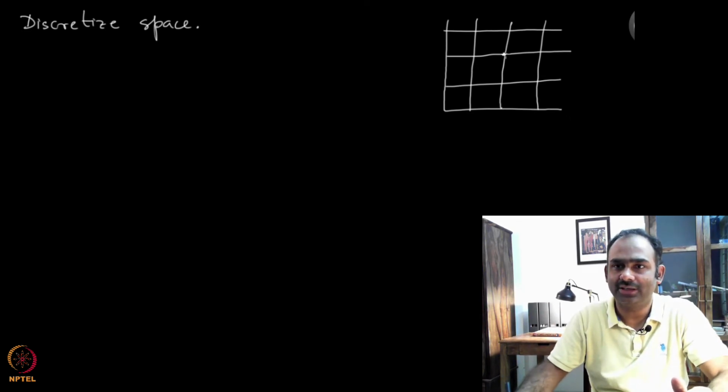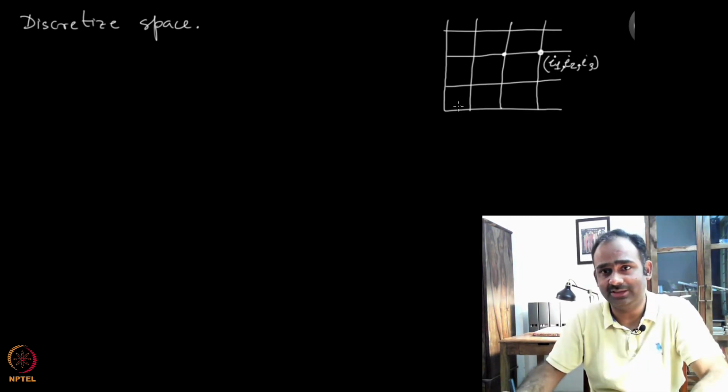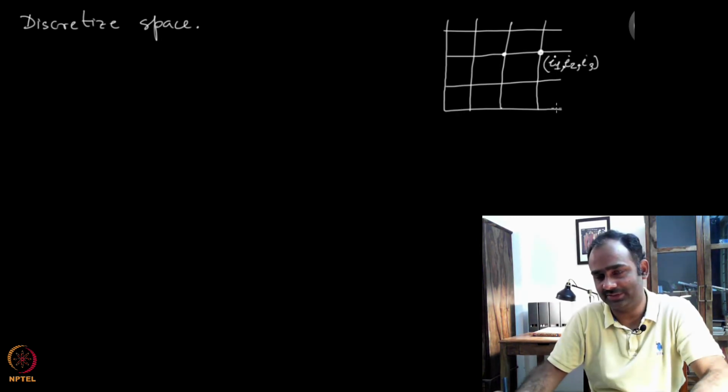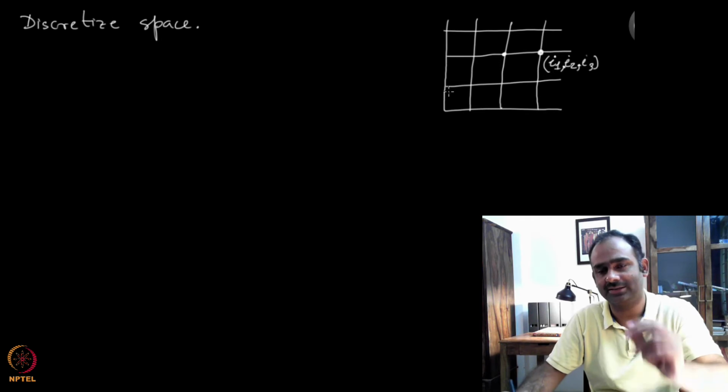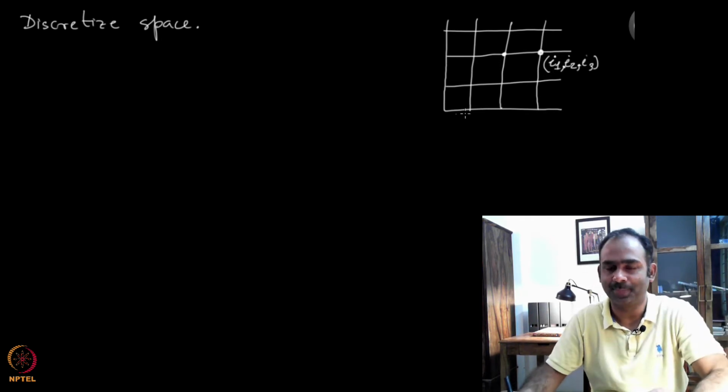Any point here will have label I1, I2, I3: you go I1 number of steps in one direction, I2 steps in another, and I3 steps in the z direction.